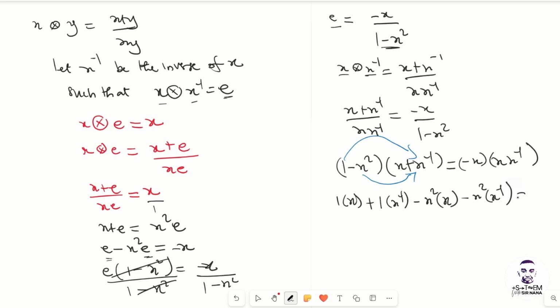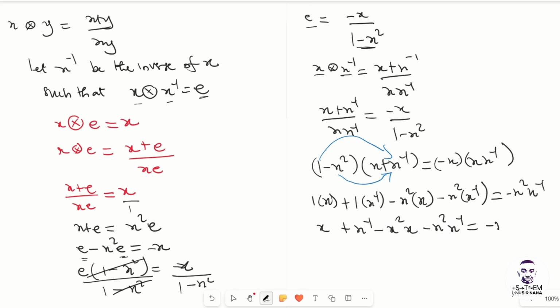And that will be equal to this side, then x and then the x will multiply to give us negative x squared x inverse. Right, so let's expand this. So expanding this, we get x plus x inverse minus x squared x, and then minus x squared x inverse to be equal to negative x squared x inverse.